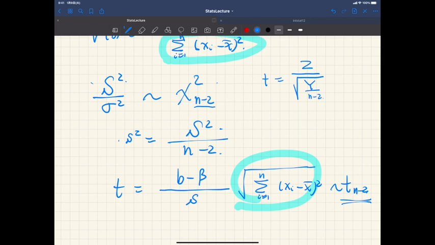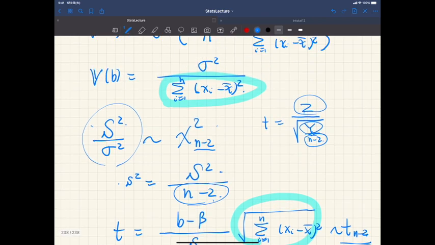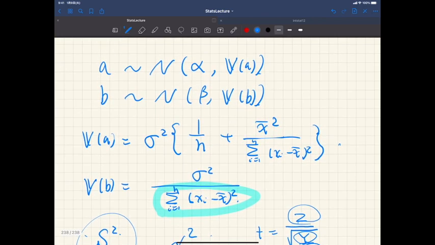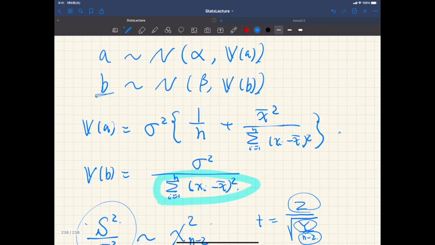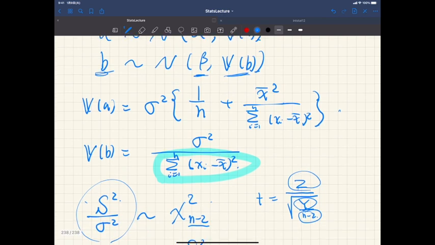That should follow the t distribution. In this case, this y corresponds to this one, n minus 2 corresponds to this one, and z corresponds to this B, which follows the normal distribution with mean beta and variance VB.